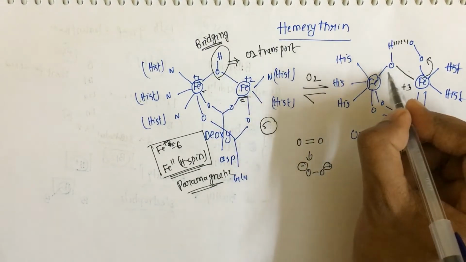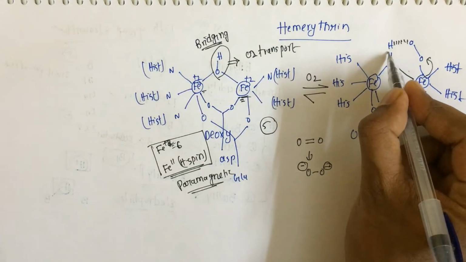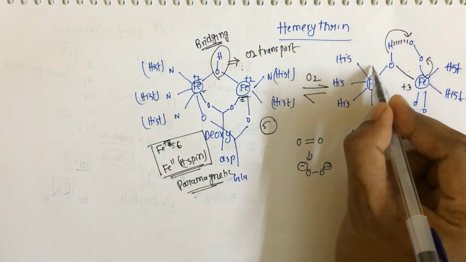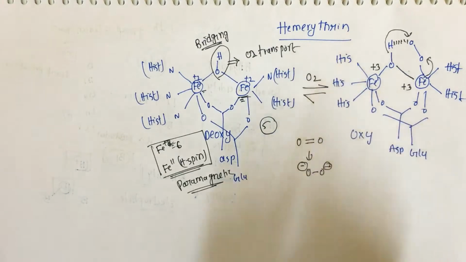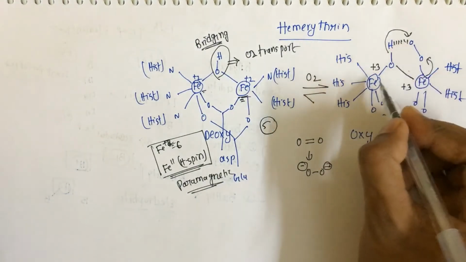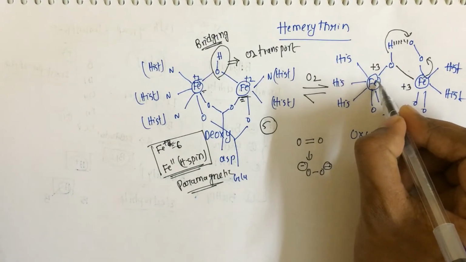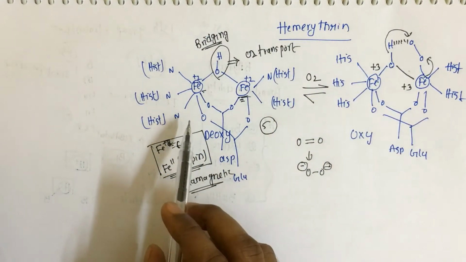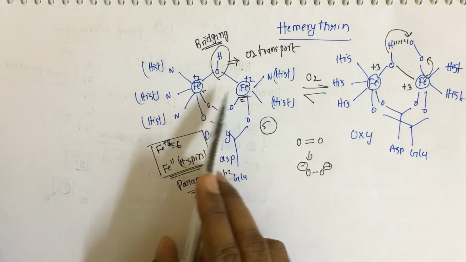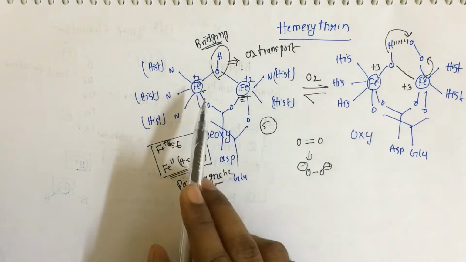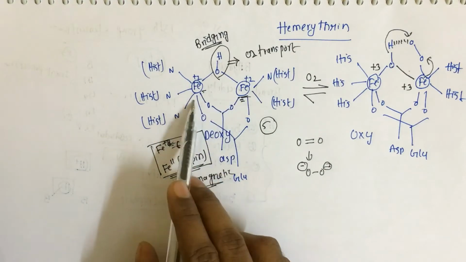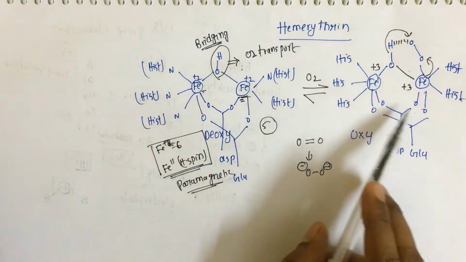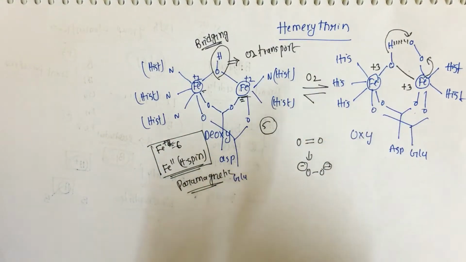And now this hydrogen is going from here to here, and that's where this iron also becomes +3 oxidation state. When this hydrogen goes here and this oxygen takes 1 electron from this iron, that's why it becomes Fe+3. So in the deoxy form both the iron atoms are +2 oxidation state. In the oxy form both the iron atoms are +3 oxidation state.